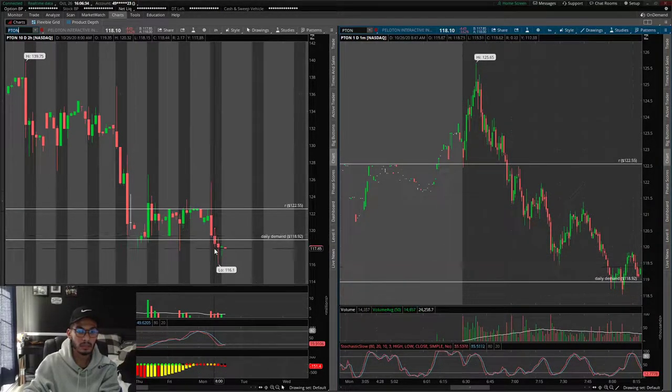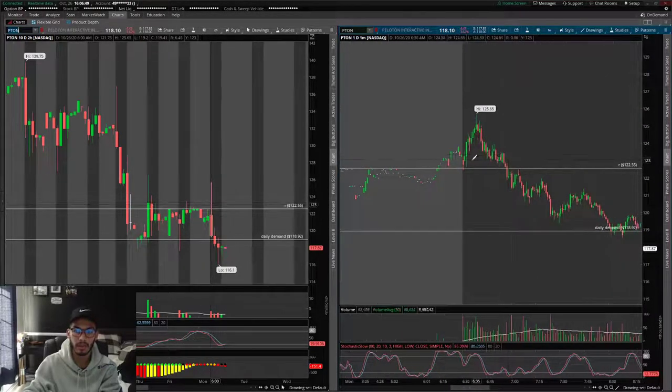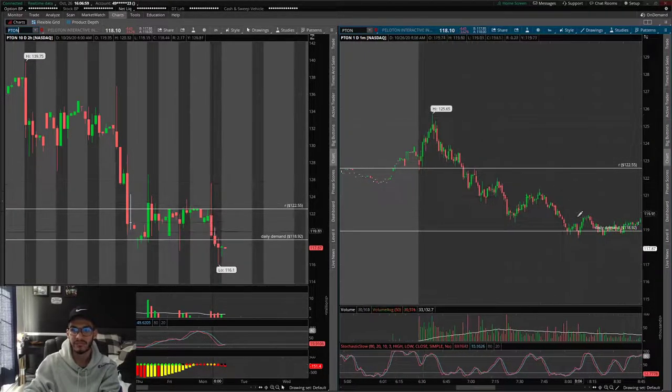So we were able to break below this level here, 118.92, and get a close below it. So now I can expect more downside on Peloton. But you guys can see here, there was a nice opening drive play respecting 122.55 as support with some upside. So this would have been a decent opening drive play, but as you guys can see, it faded for the rest of the day.